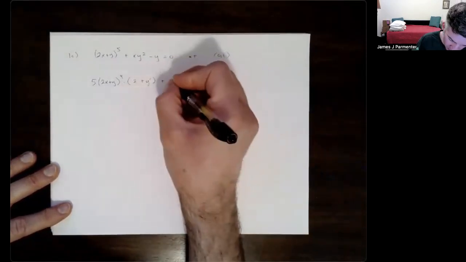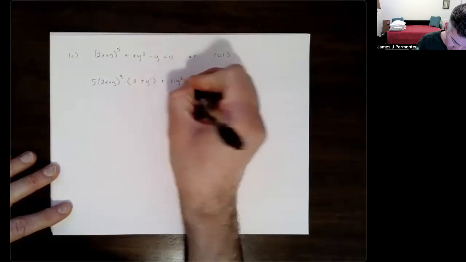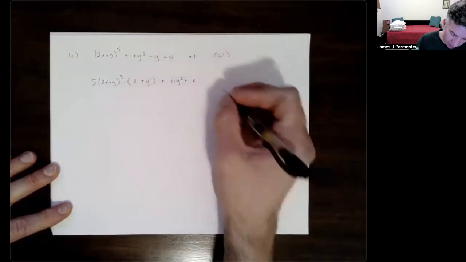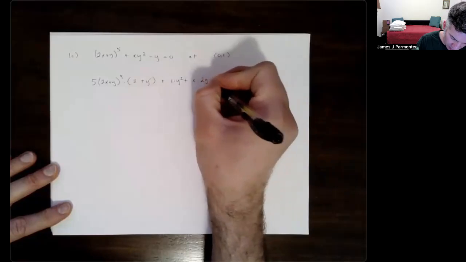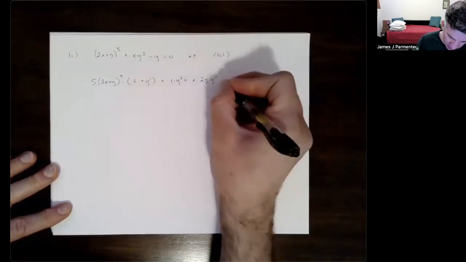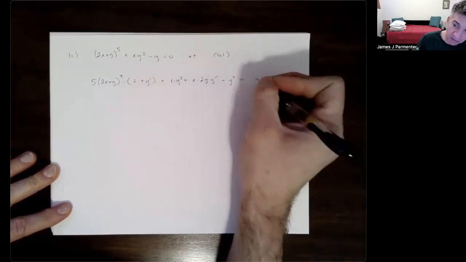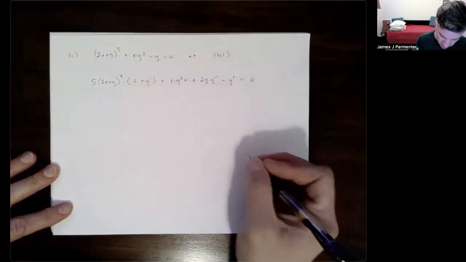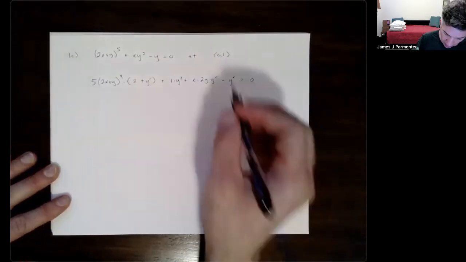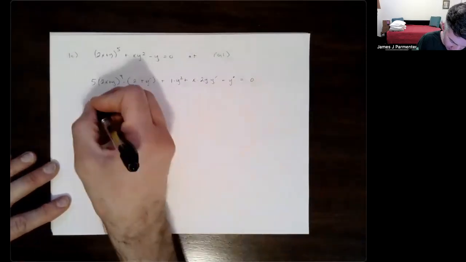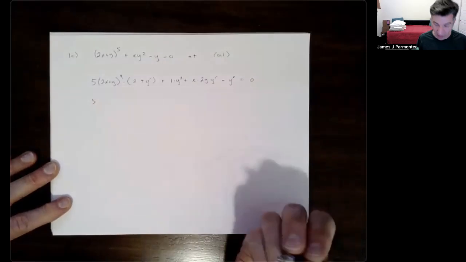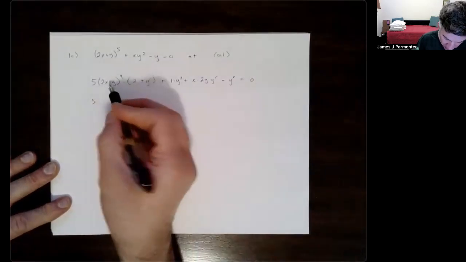The derivative of x is 1, times y squared, plus x times the derivative of y squared, which is 2y times y prime. Minus the derivative of y, which is y prime, equals the derivative of 0, which is 0. Now we plug in. So x is 0, y is 1. So I'm going to get 5 times, and I'm going to try not to write everything here, 2 times 0 plus 1 is 1.